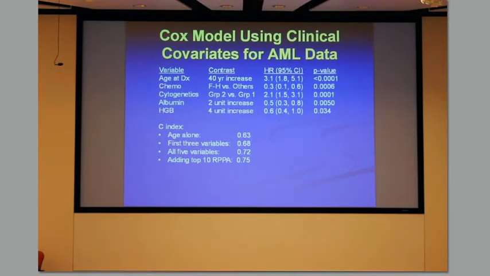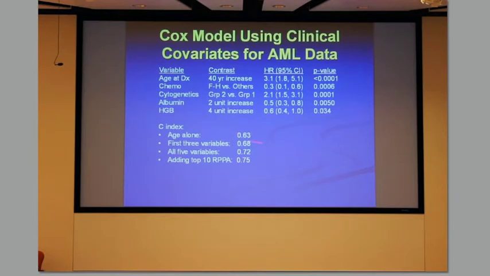If you look at age alone, it has a concordance index in the training data, and this is just using the training data, not being sensitive to overfitting, with no cross-validation, no bootstrapping, just using all the data. So of course it's going to be high. It's not at all attempting to be an unbiased estimator. I'm just using it to demonstrate the predictive strength of these various models.